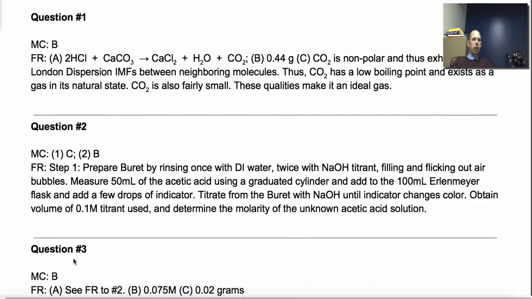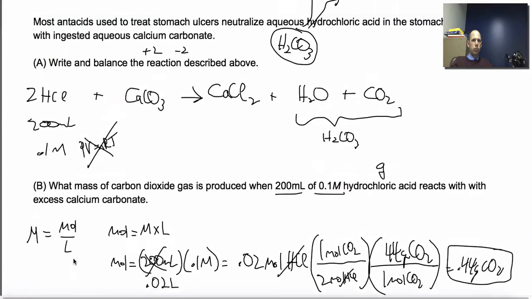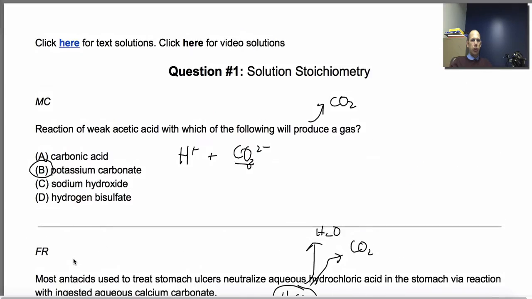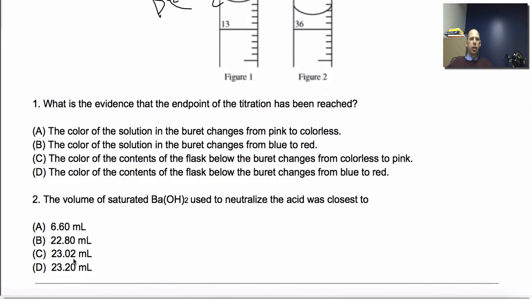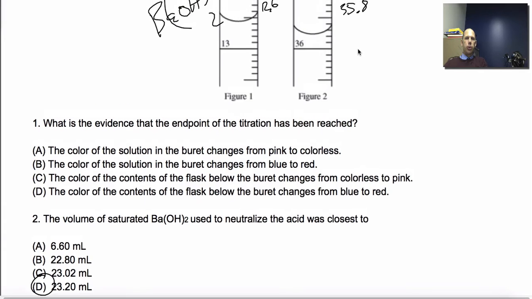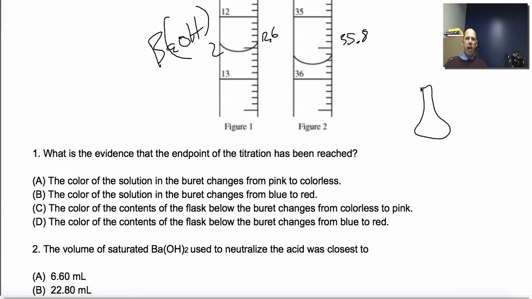Not sure how that happened. Anyway, I'm feeling a little sick. So the answer there is 23.2. I'm actually doing the second one right now. In this one, you put the indicator in, and we know that it's the flask down below where we put the indicator. So the contents go from colorless to pink. We know there's no blue or red with phenolphthalein, but we know that the color doesn't change in the burette.